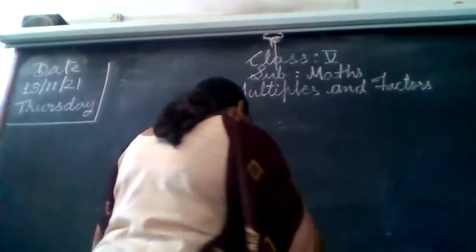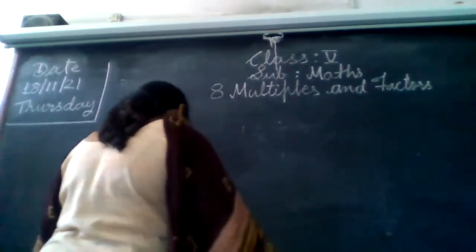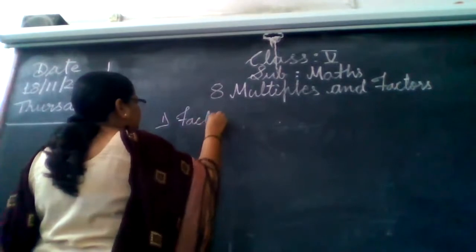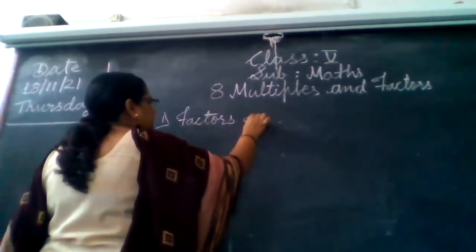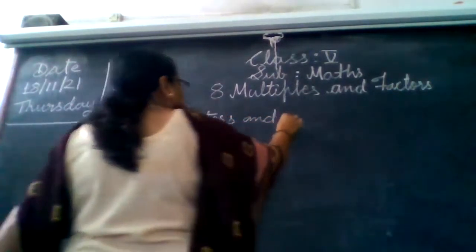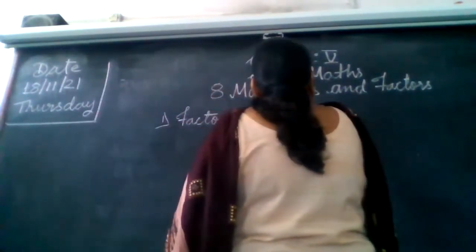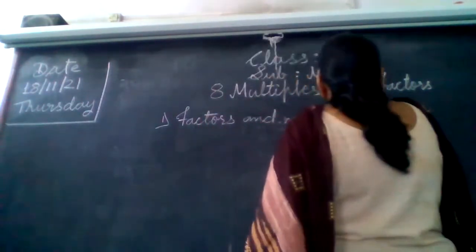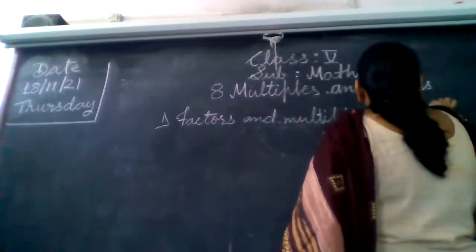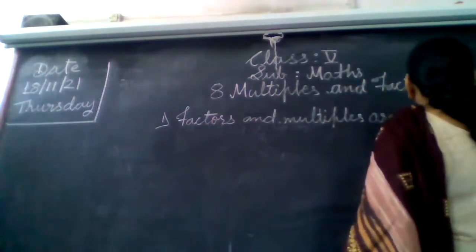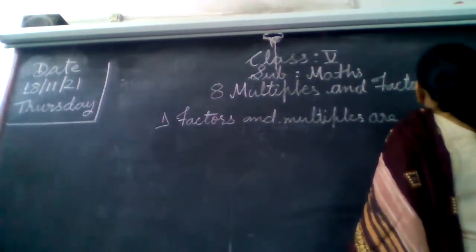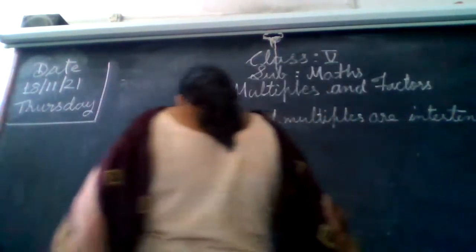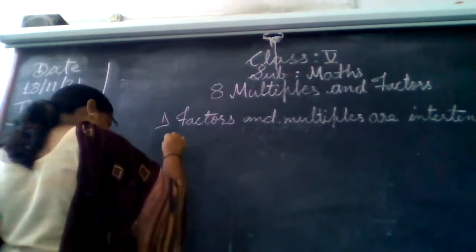Okay, so first point: factors and multiples are interlinked with each other.